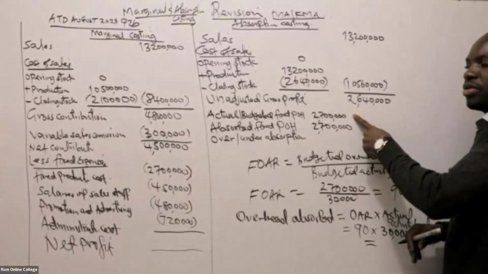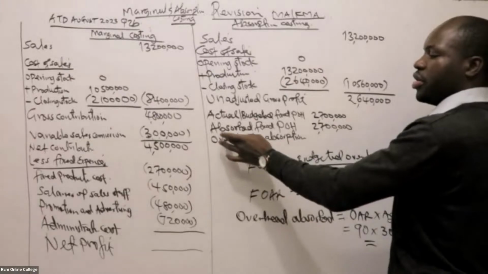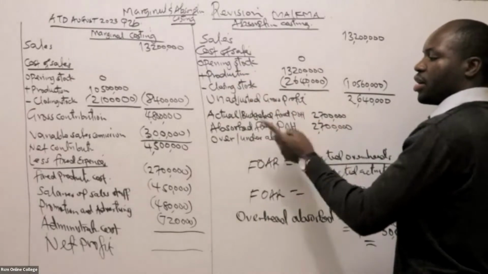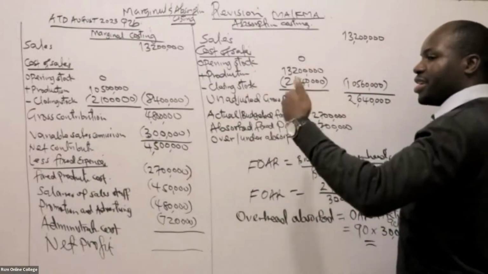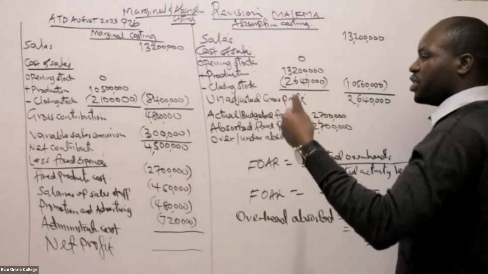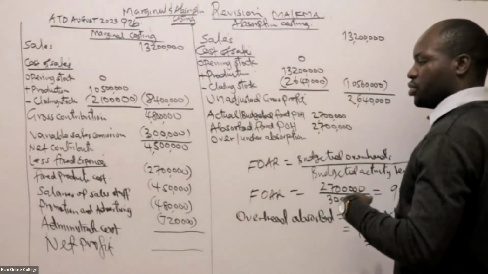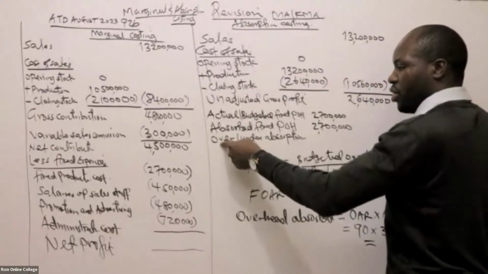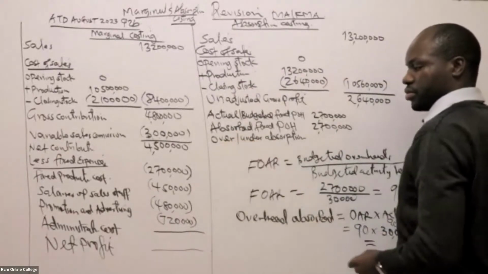If we are talking about over absorption, then absorbed is greater than actual or budgeted. And what will happen? You overstated the expense. When you overstate the expense, the profit will be reduced. So what do we do? We add back the over absorption.